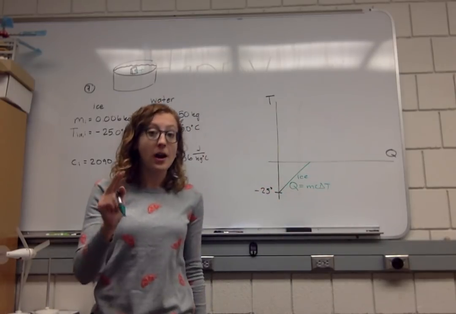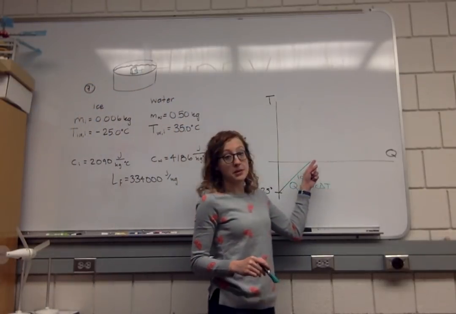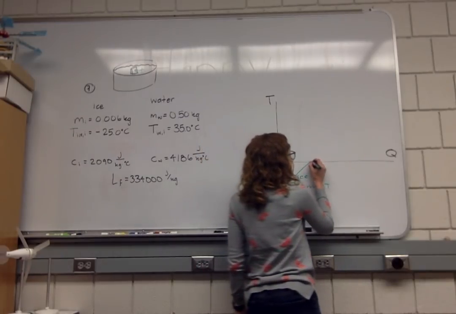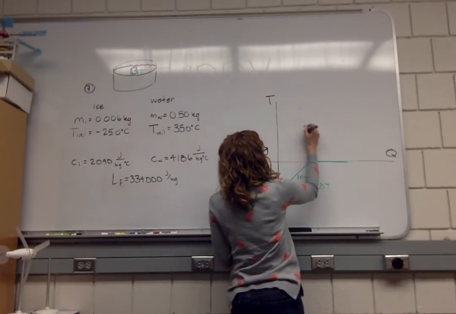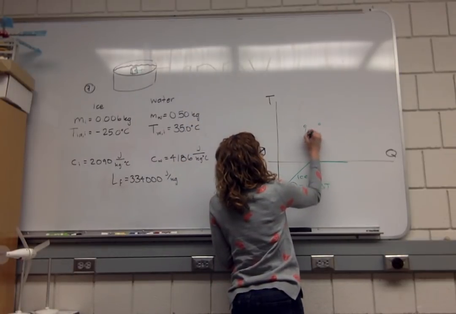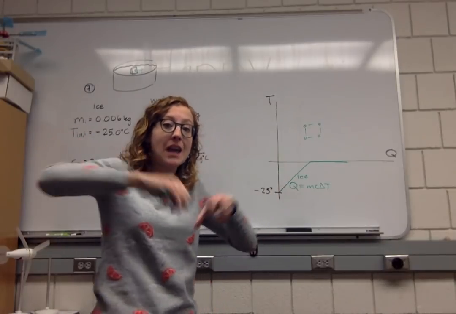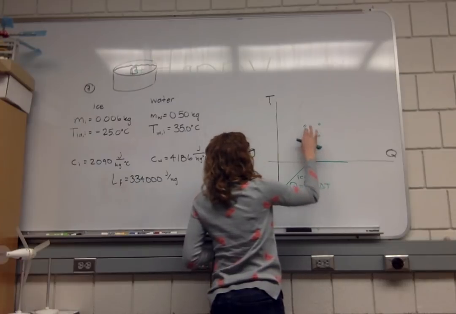But there's actually three processes that take place. The first one is that the ice has to come up to zero. Then once it's at zero, then it's going to start breaking up those bonds. Because what's happening is you've got a solid structure of ice. You have a crystalline structure like this with all of these different bonds. And those bonds, you literally need to take energy in order to break them up. So you're going to break each of these bonds, and that takes energy.